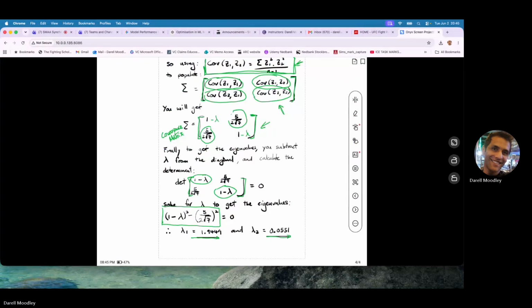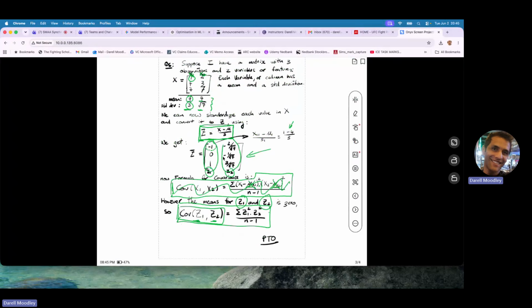So to reiterate, you start off with your matrix of X columns. You need to standardize it and get a Z matrix. You'll have the same number of columns as you had for your X matrix, but now each column will be Z1, Z2, etc. Then you use the values in your Z matrix to calculate the covariance using this formula. If you had Z1 and Z1 instead of Z2, you just replace it with Z1.